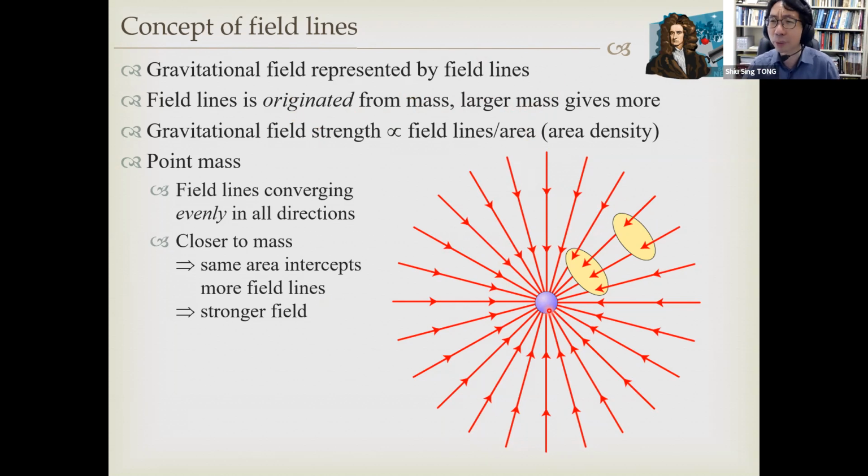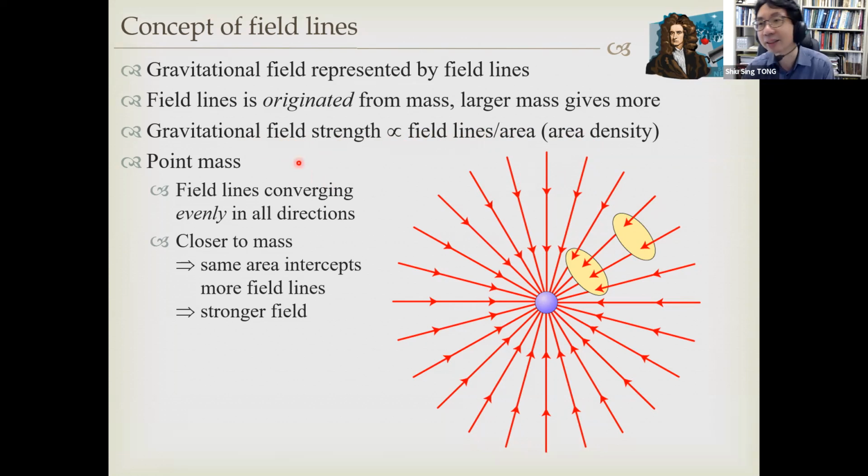This is a graphical representation of the effect of a larger mass. Now, there's also another representation about the field strength at a certain position. The gravitational field strength is actually the field lines per unit area. It is not the number of field lines, but the field lines per unit area.